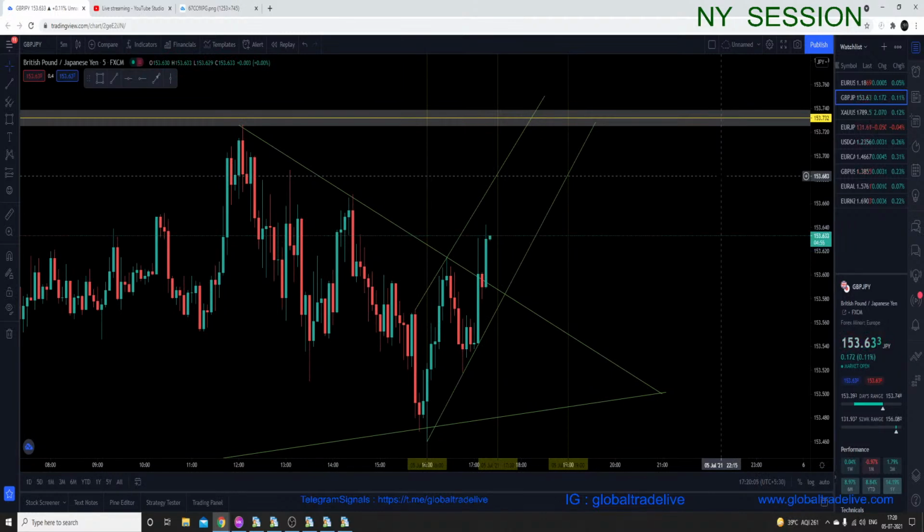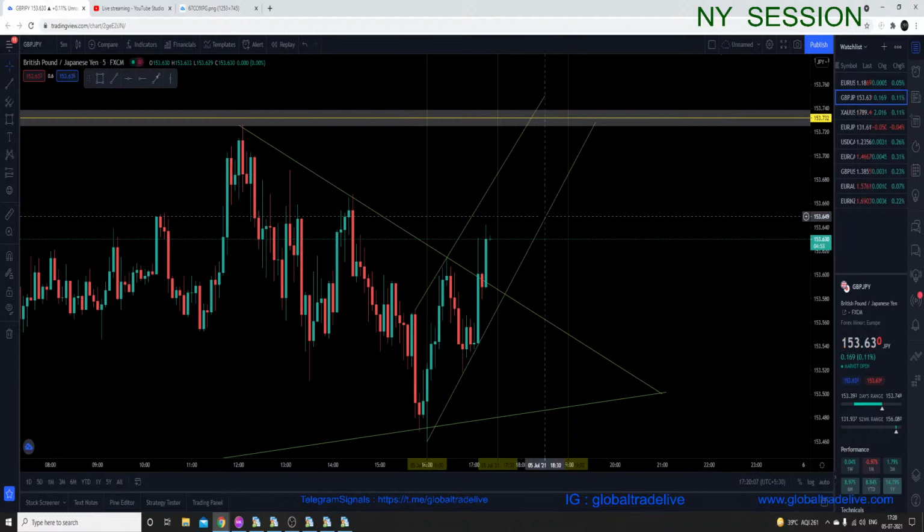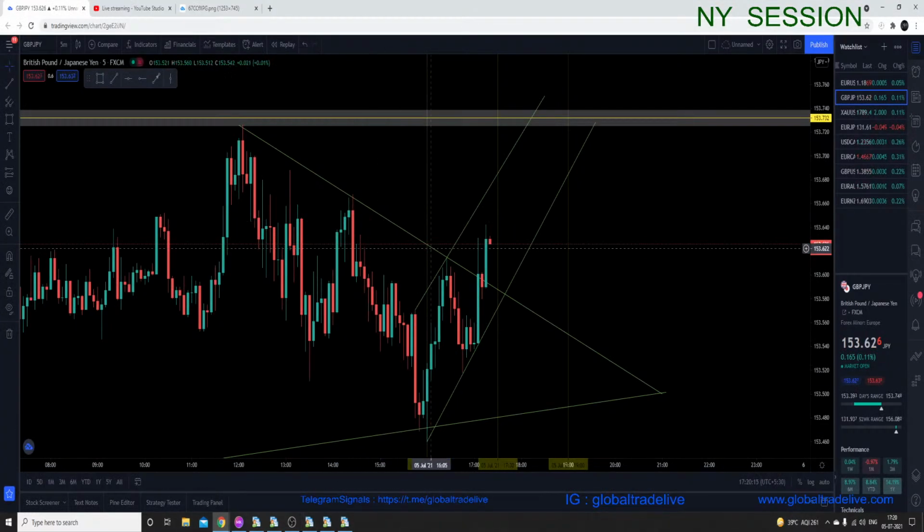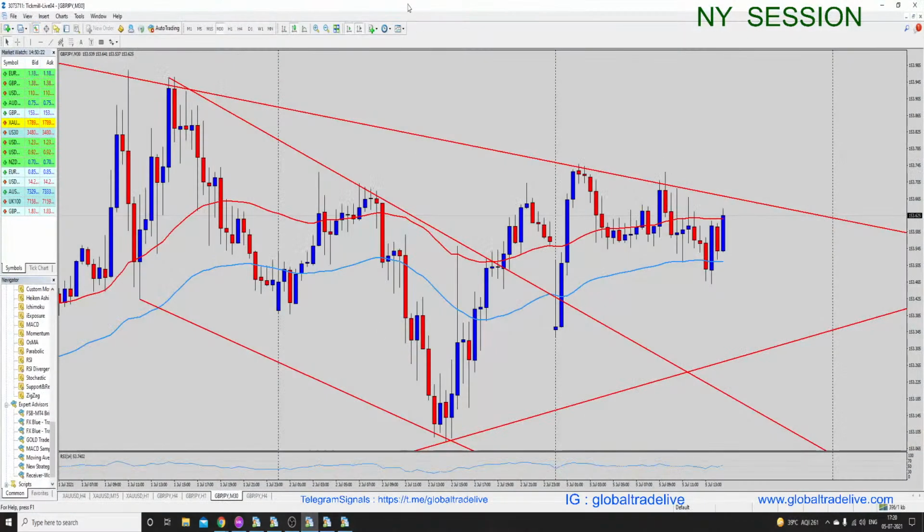So 5-minute candle just closed bullish right now. Really need to be very careful here.